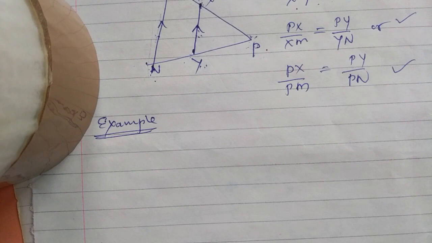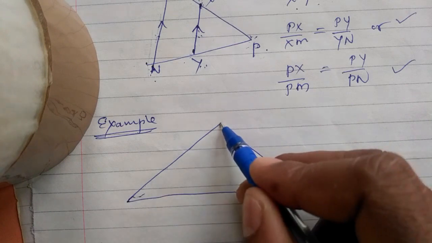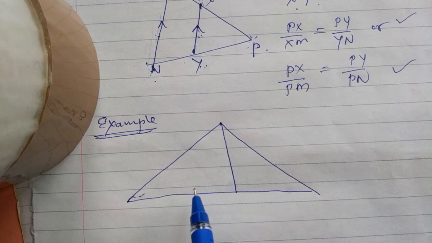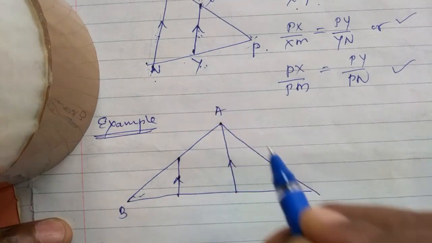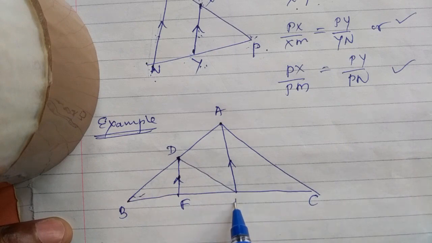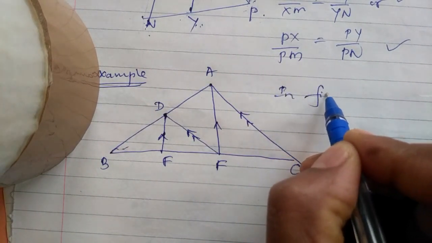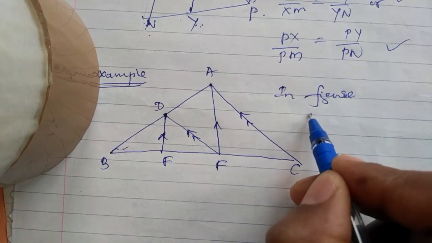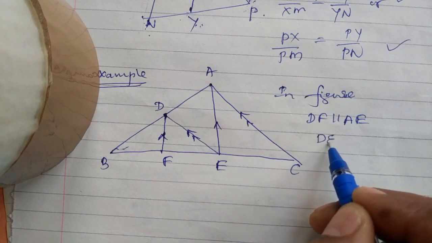Let us see some other example from the proving part. In the figure, DF is parallel to AE, DE is parallel to AC.